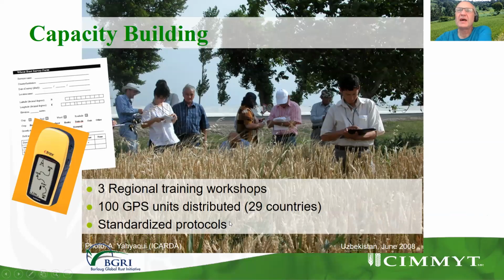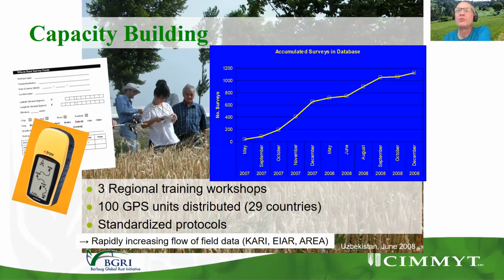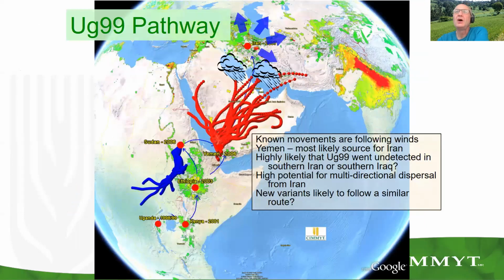We'd also put together some standardized survey protocols and started in-country training with partners. We were beginning to get some data into the system. So I think at that point, we had just over 1,000 records in a database. We'd also started to look at the influence of winds and rainfall patterns on the movement of the pathogen.